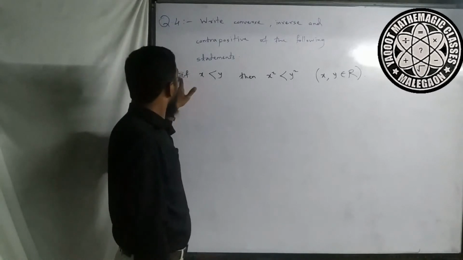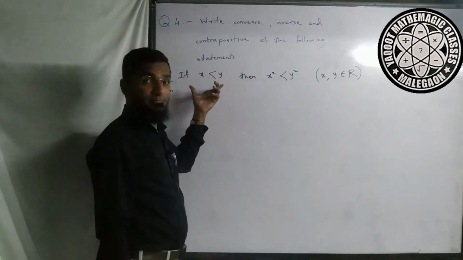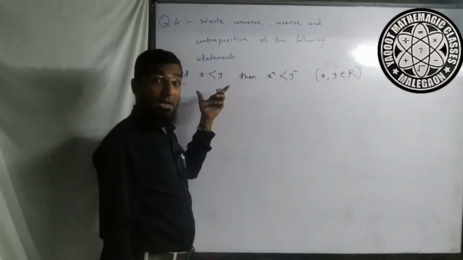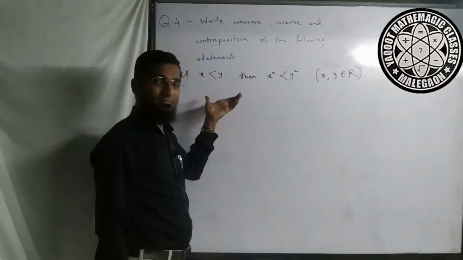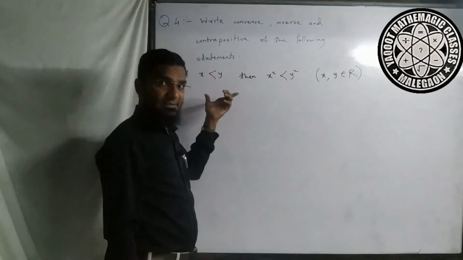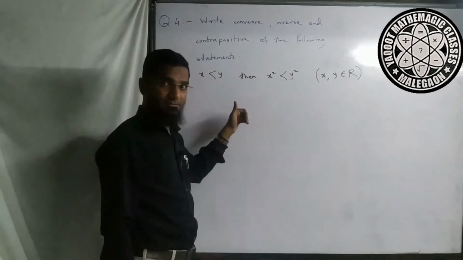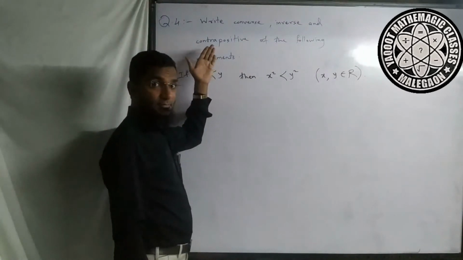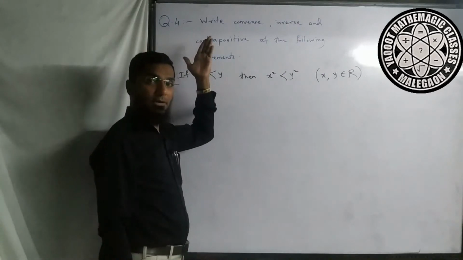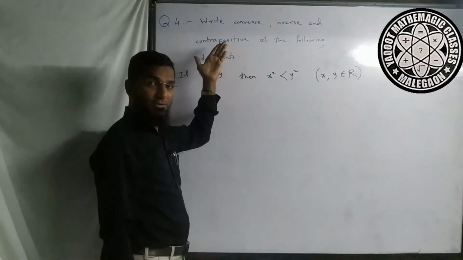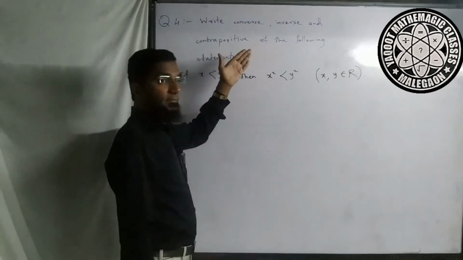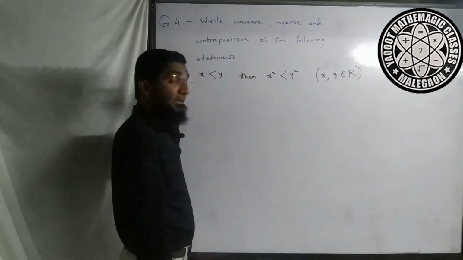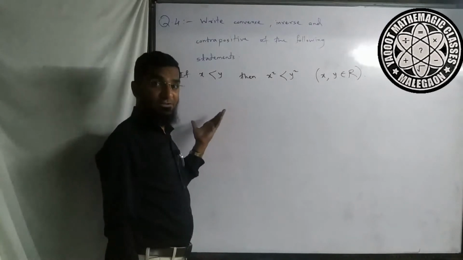We see that the given statement is a conditional statement, that means given sentence is implication having two components connected by means of if then, and we have to write its converse, inverse and contrapositive, which are also conditional statements.